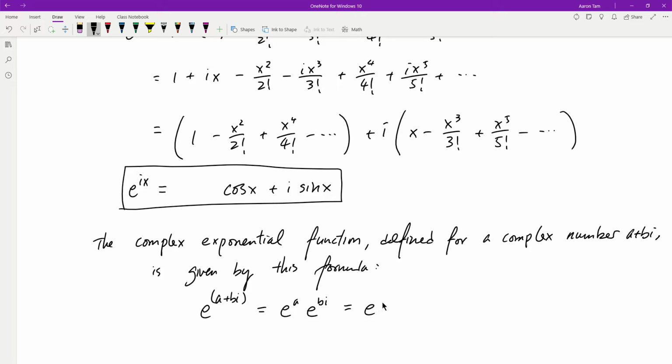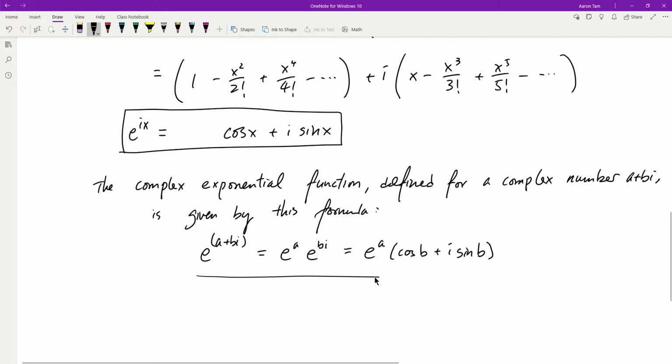And so it becomes e to the a multiplied by cosine b plus i sine b. And if you recall, learning from Mr. Bernhardt, this is kind of the magnitude, and then the b is kind of the angle of rotation.